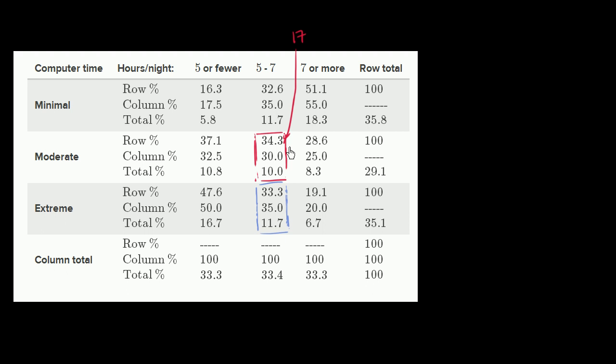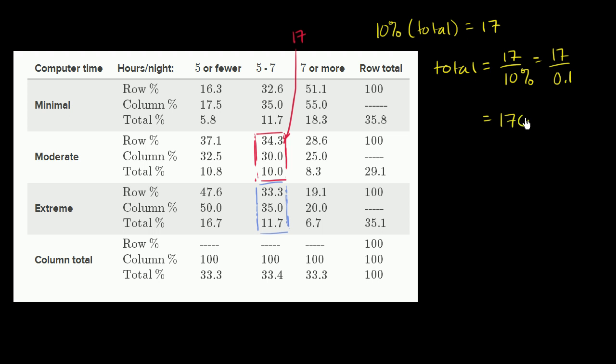We could figure out the total number of people. So 10% of the total is going to be equal to 17. Just divide both sides by 10%, so the total is equal to 17 divided by 10%, which is the same thing as 17 over 0.1, which of course is equal to 170.